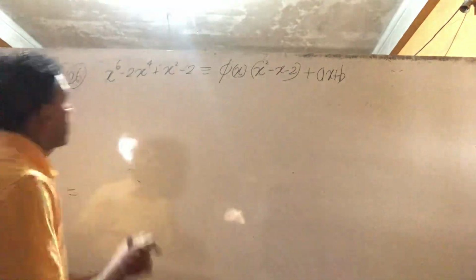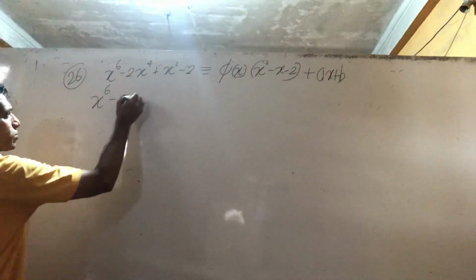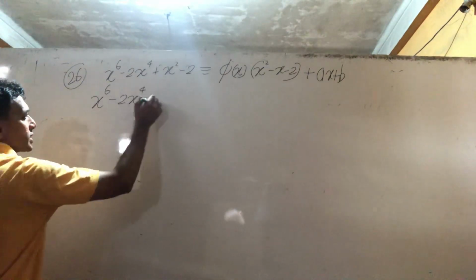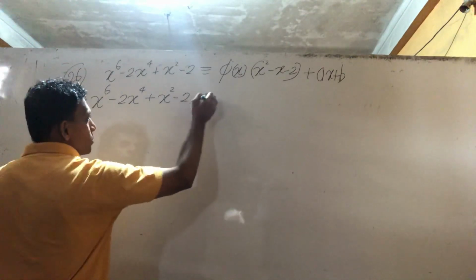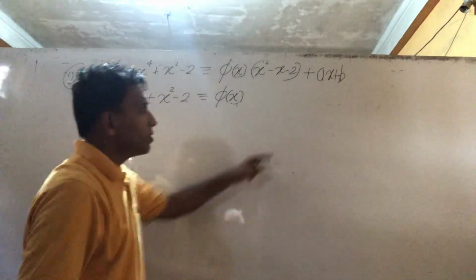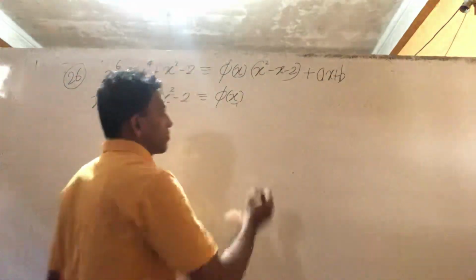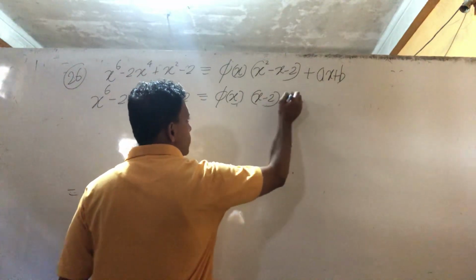Another step. Again, x to the power 6 minus 2x to the power 4 plus x squared minus 2 equals quotient into divisor. It can be factorized, simple oral maths. What are the factors? Is it x minus 2 and x plus 1?